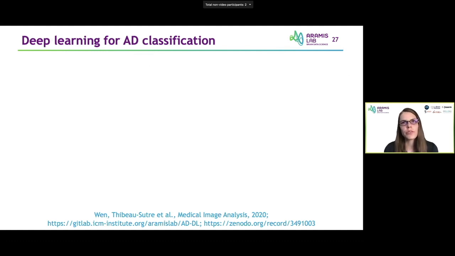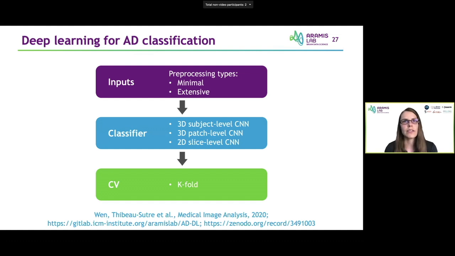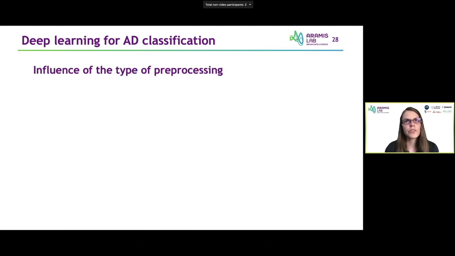Previously, the experiments were performed in the traditional machine learning context, but we can perform similar experiments in a deep learning context. In particular, we are going to study the influence of the preprocessing and of the network architecture on the classification performance. We first study the influence of the type of preprocessing using a 3D subject-level CNN.